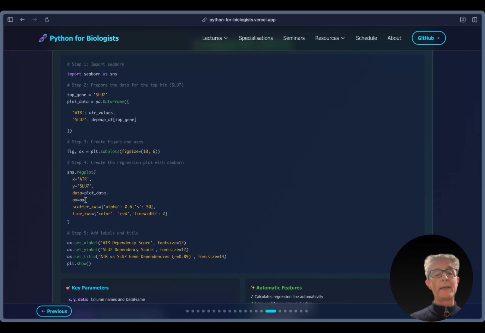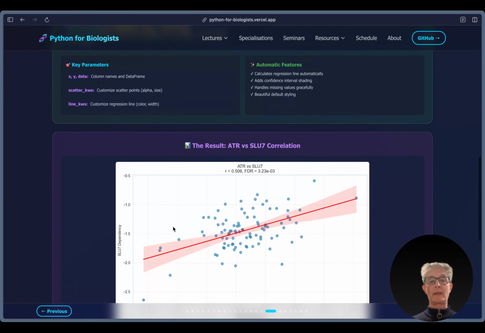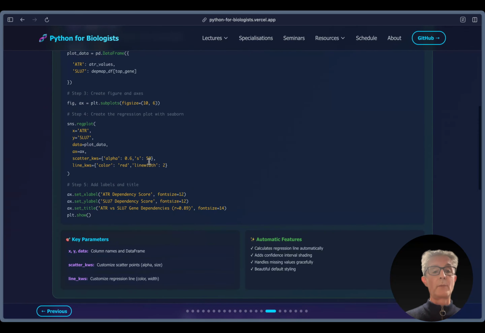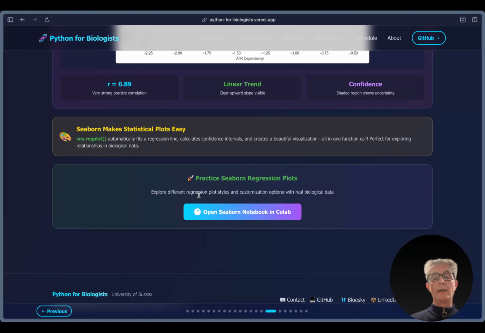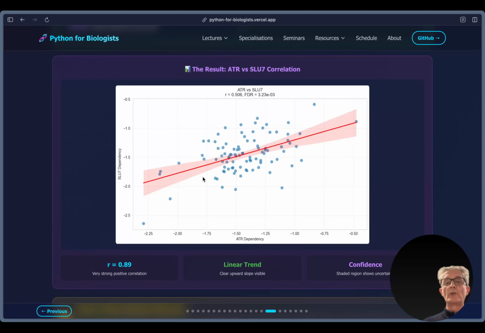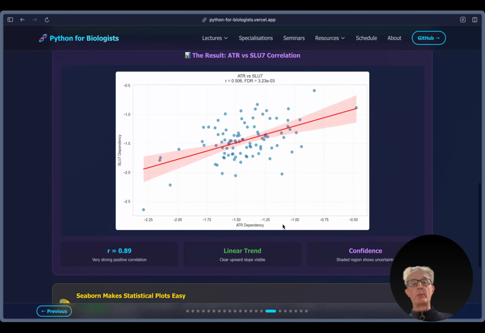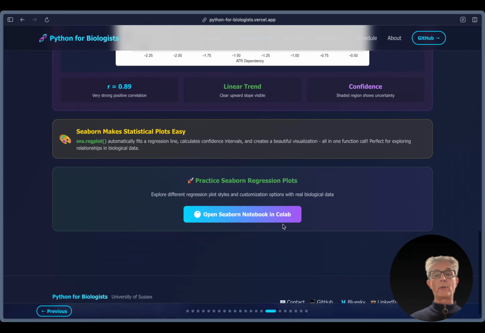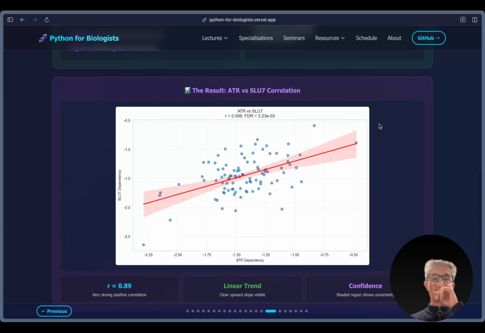We have to supply the axis, and then there are different keyword arguments that give us some aesthetics of the plot that you can explore in detail. I've put a Colab notebook on seaborn for you to explore. It's a really nice library to use, and it generates beautiful plots. So I would recommend you explore it. For our project, the only thing that we will use it for is to show you the linear regression analysis here.